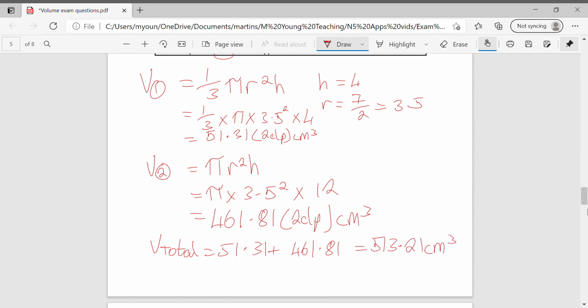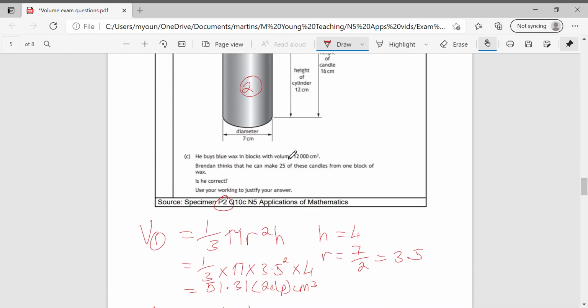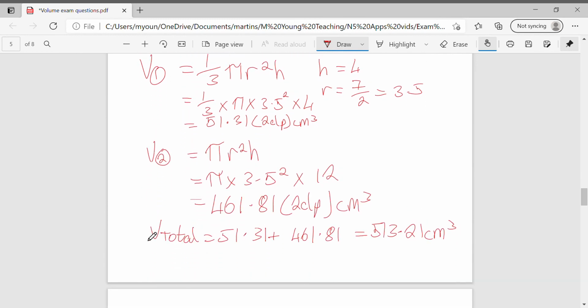Right, let's work out if this person can indeed get 25 candles from that. So what we're going to do is divide, and work out how many candles of that volume we can get from a block. The answer I'm getting when I do that is 23.3... So that just means we can only get 23 candles.